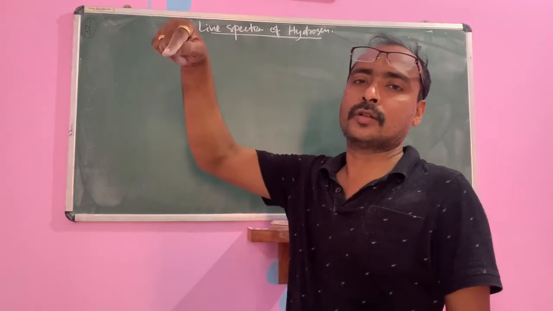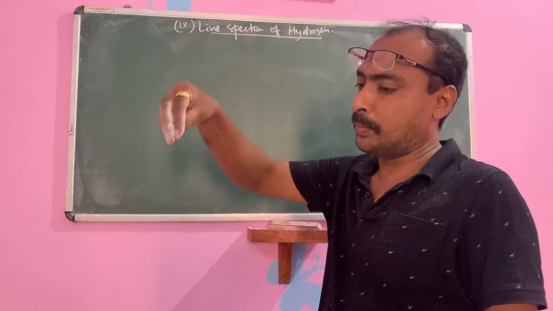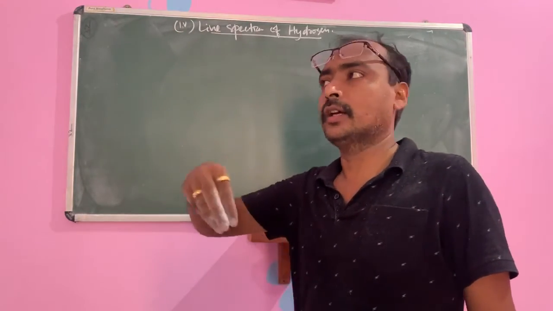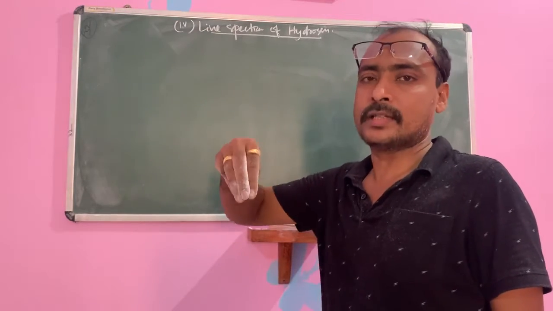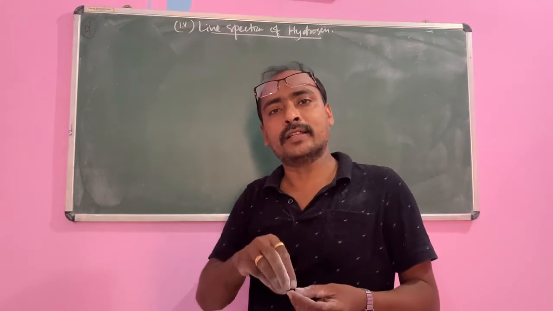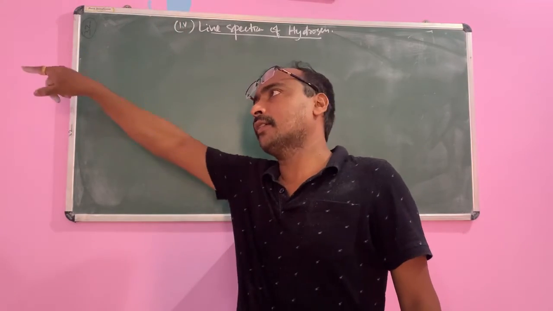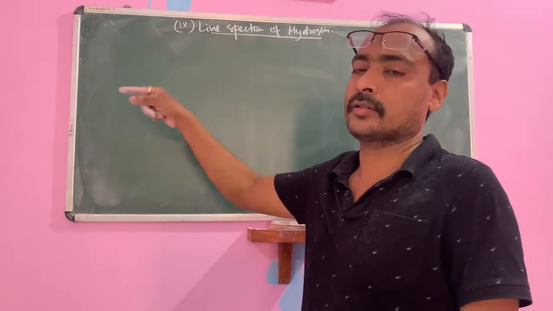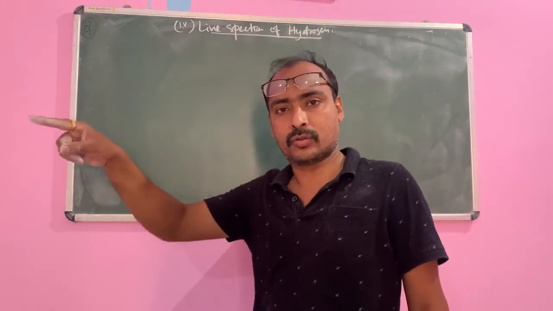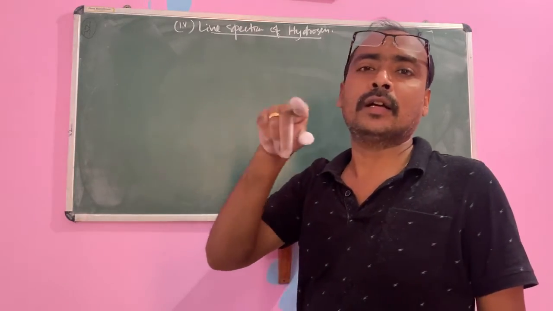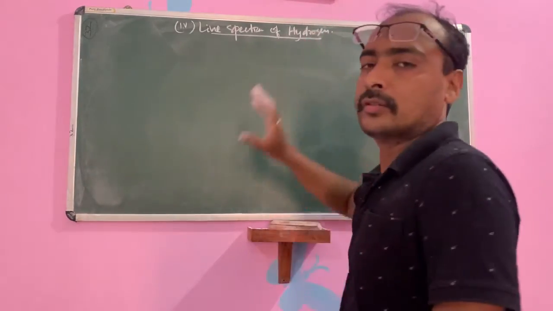It returns to its original orbit, the ground level, the stable lower energy level, emitting radiation. First it gets the energy and goes to the higher level, then returns to the ground level giving out radiation. The radiation emitted by the electrons of hydrogen atoms is known as line spectra.